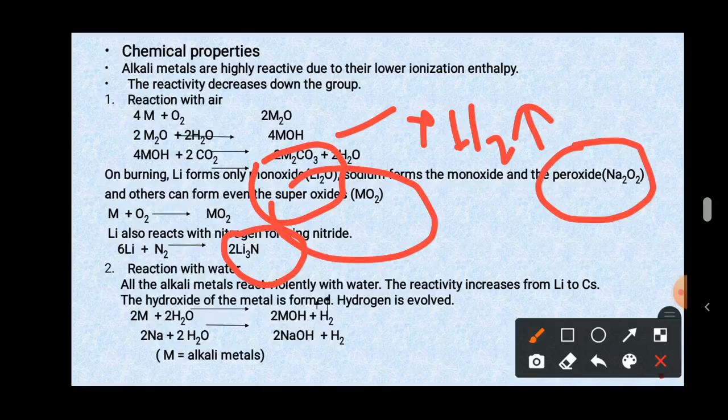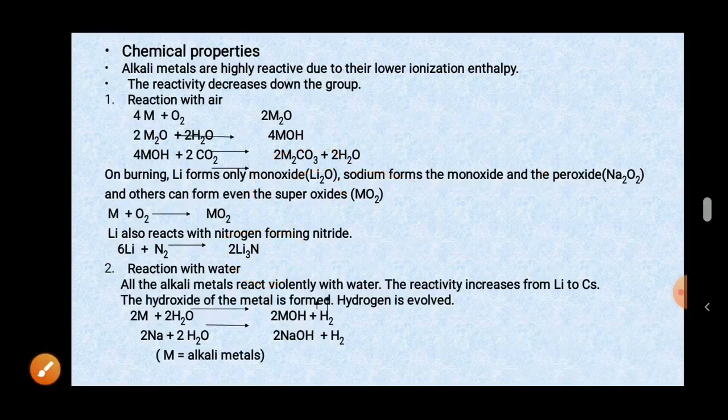Okay, so reaction with water. All alkali metals react violently with water, as I already explained. Reactivity increases from lithium to cesium.